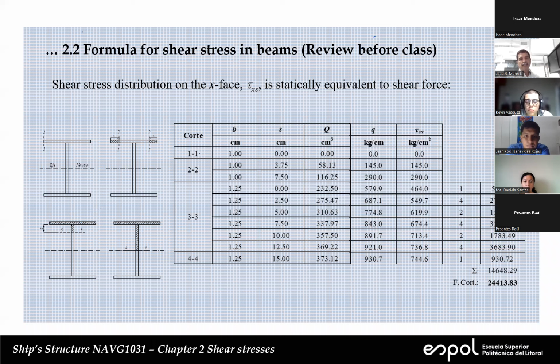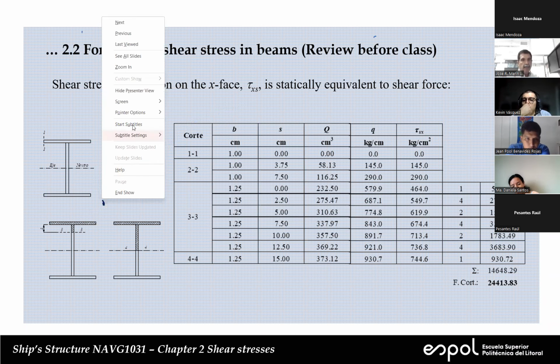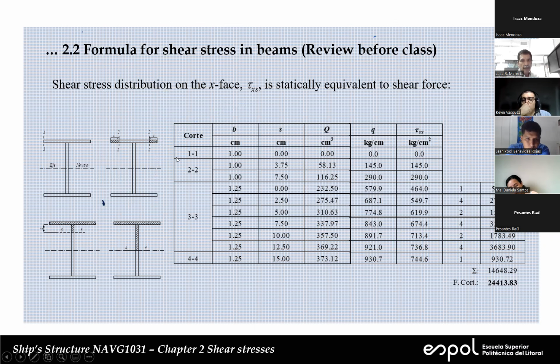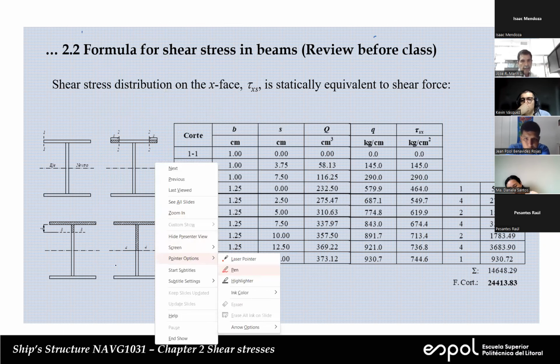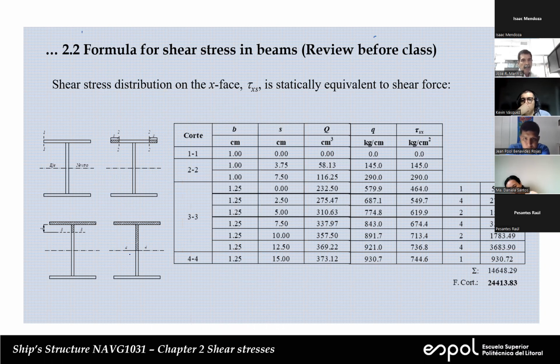But anyway, you can check that easily. And we have done this distribution only up to the centroid, okay? See that cut 4 is the last one, it goes up to the neutral axis. But we can imagine that from here we have some symmetry downwards, okay?